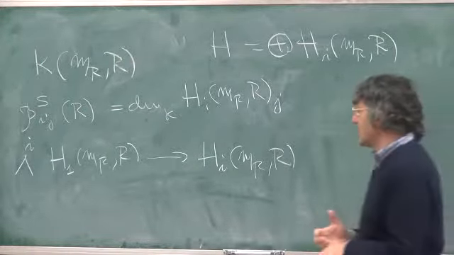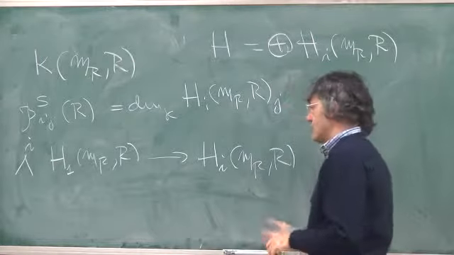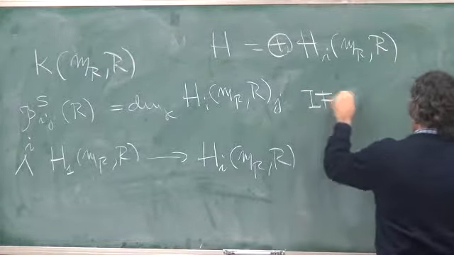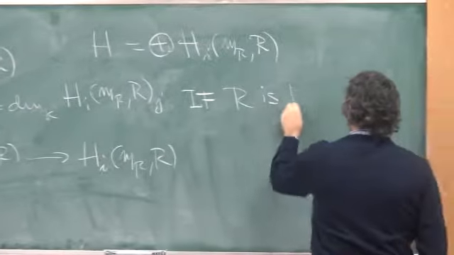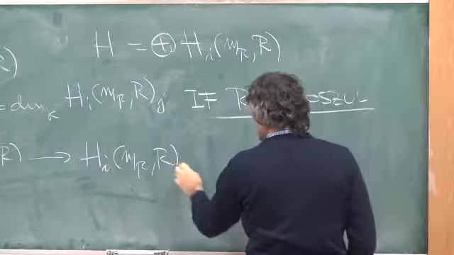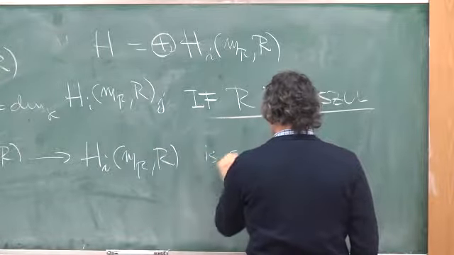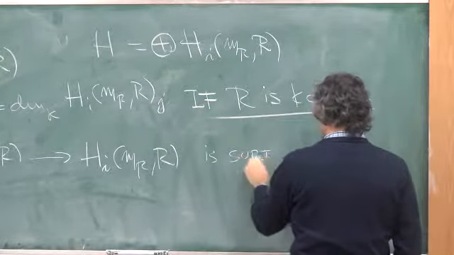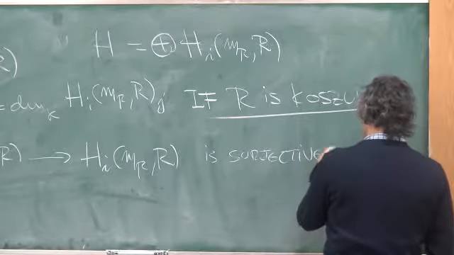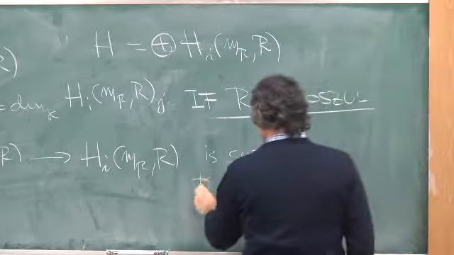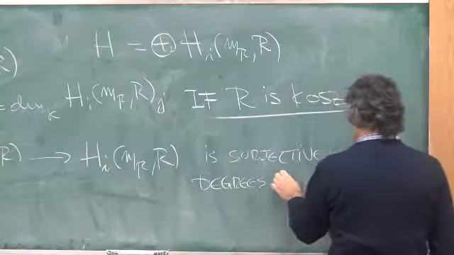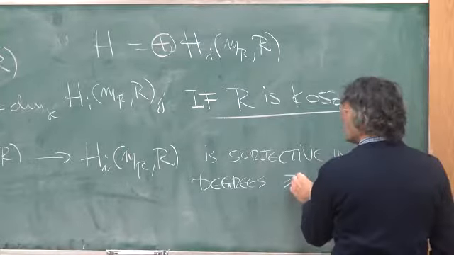Okay. So the nice thing is that this map is surjective if R is Koszul. Under this assumption, this map is surjective, not surjective in general, surjective in degrees larger than or equal to 2i.